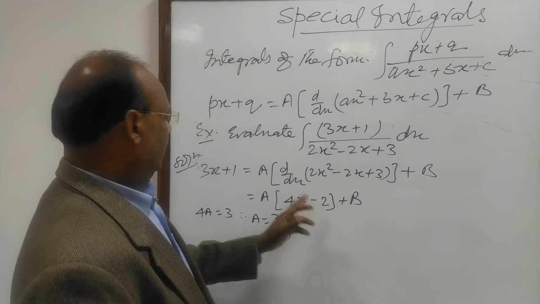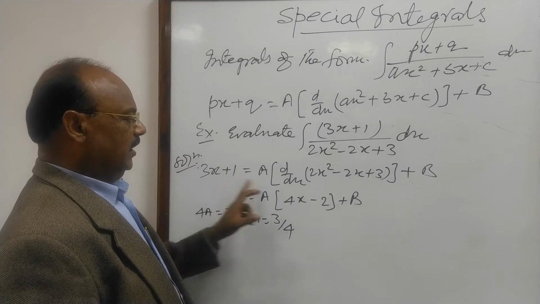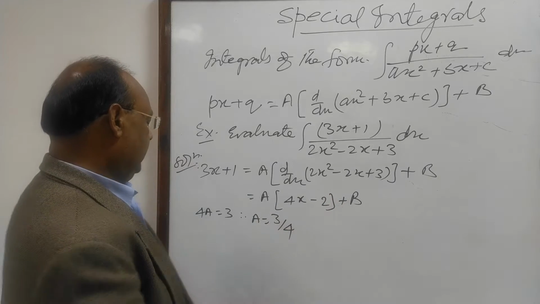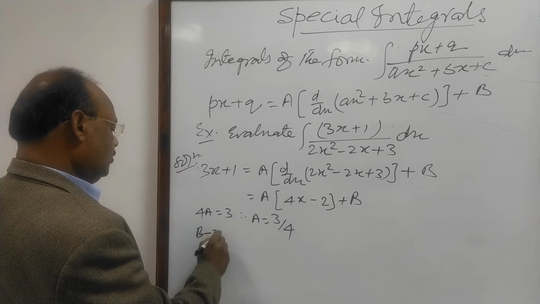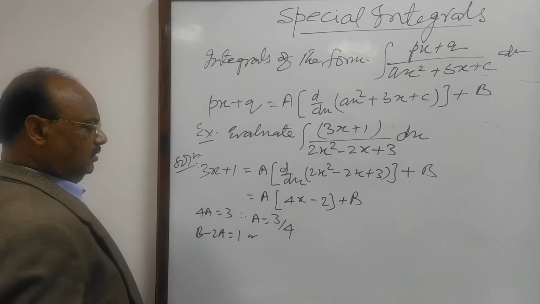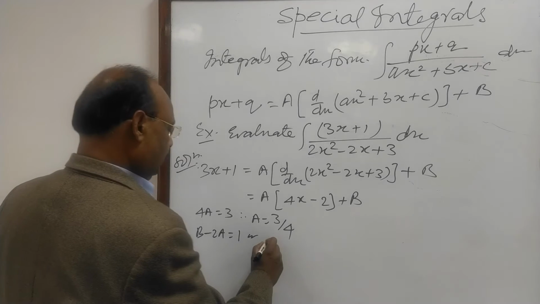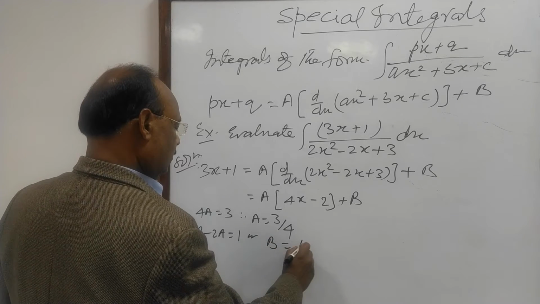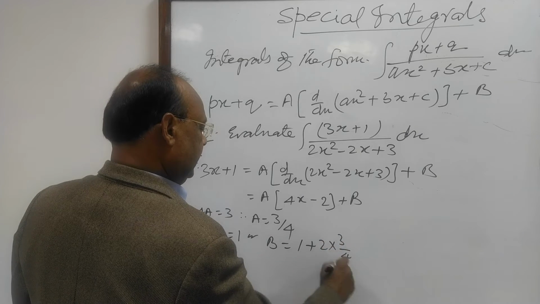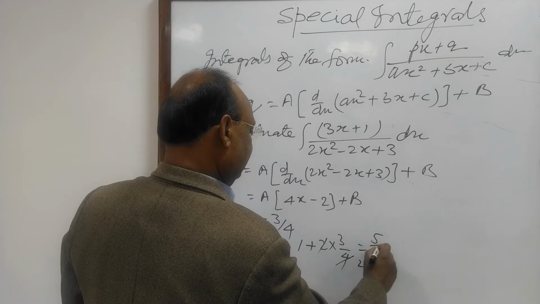Similarly, on the left hand side the constant term is 1 and on the right hand side this is b minus 2a. So b minus 2a is equal to 1, and now with the value of a as 3 by 4, b is equal to 1 plus 2a, which means 1 plus 2 into 3 by 4. So this is equal to 5 by 2.